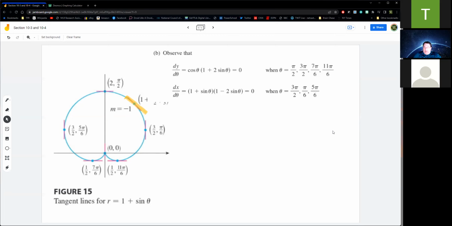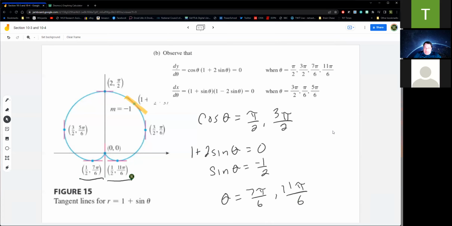So now if you look, that's that one, and that. The 3 pi over 2 is actually right here. And if you notice, that one right here is actually in both. So it can't be both a horizontal and a vertical asymptote, because that would end up being 0 over 0.